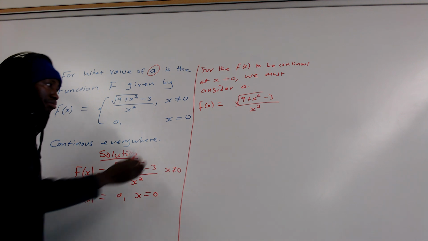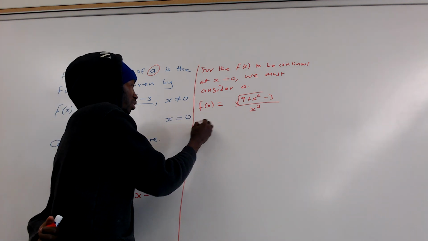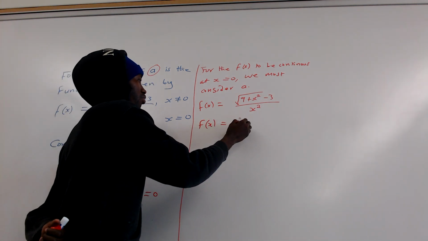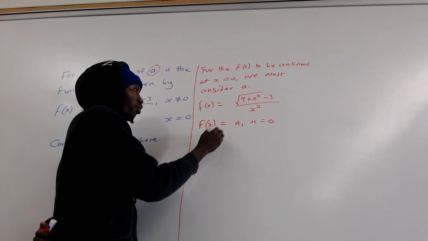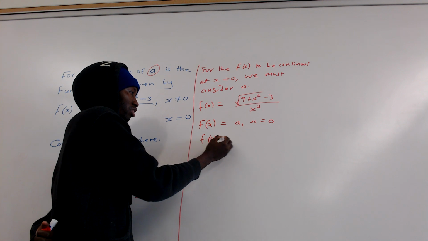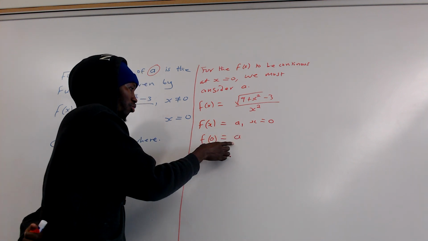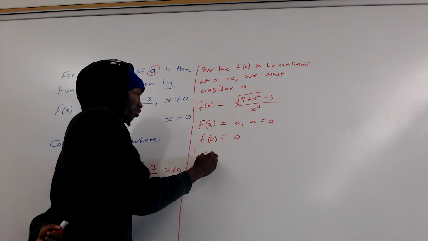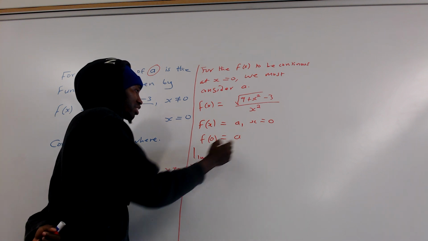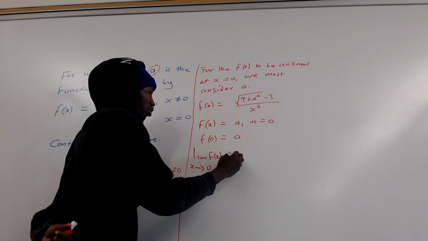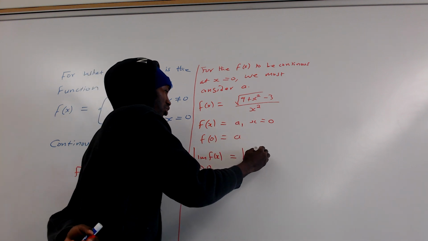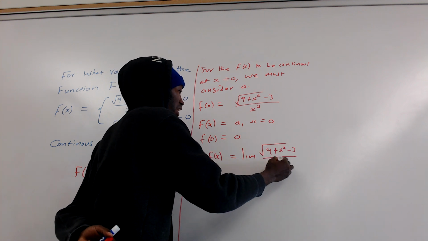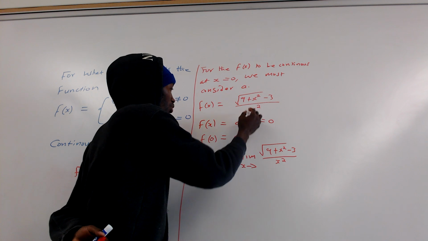So if we do that, let's take the limit. That means f of x equals a when x equals 0. So if we implement that into this function, we take the limit of f of x as x tends to 0, which equals the limit of the square root of 9 plus x squared minus 3 divided by x squared as x tends to 0.